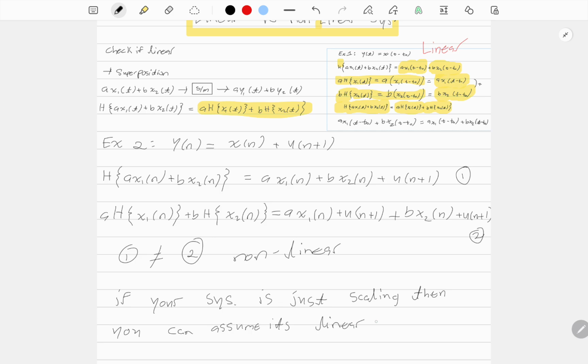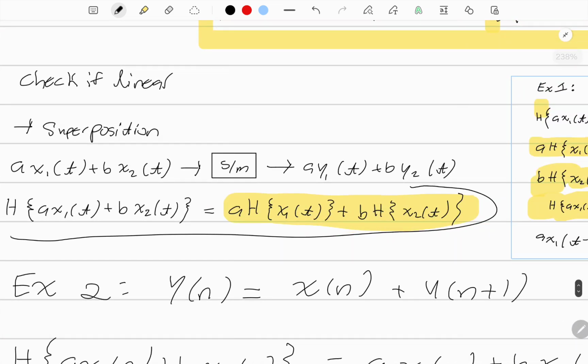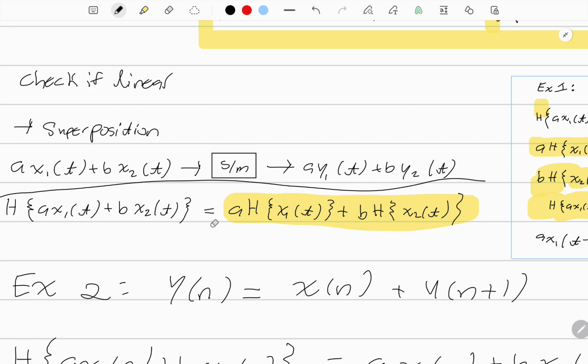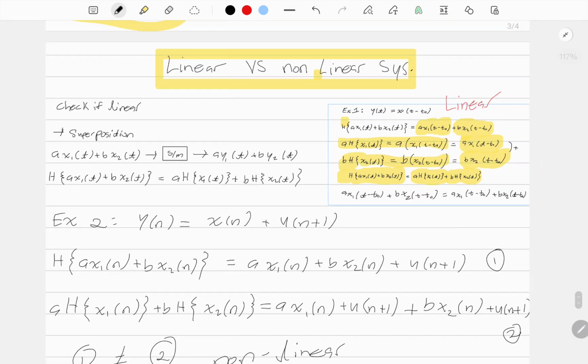But the best way to check is to just do this equation right here and just do the left hand side, do the right hand side, and you're pretty much golden. If they're equal, then it's linear. If they're not, then it's non-linear.